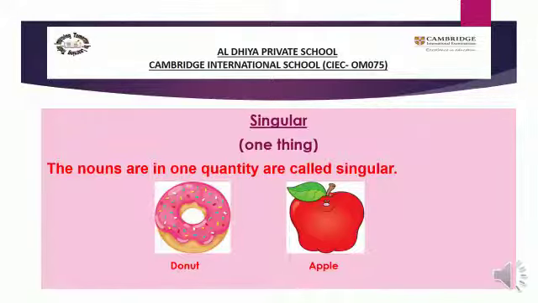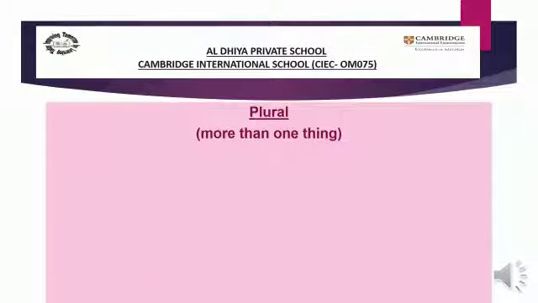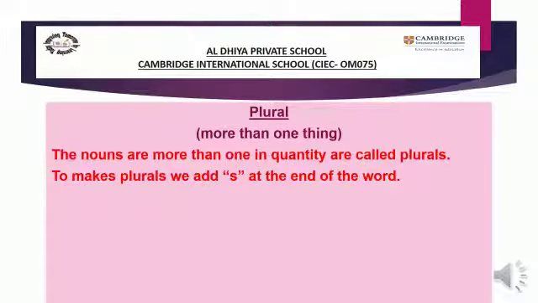Now look at plural. More than one thing is called plural. If they are more than one in quantity, meaning they are two, three, four or more, these are called plurals. So plurals are the nouns that are more than one in quantity.